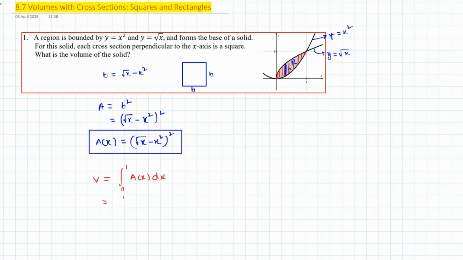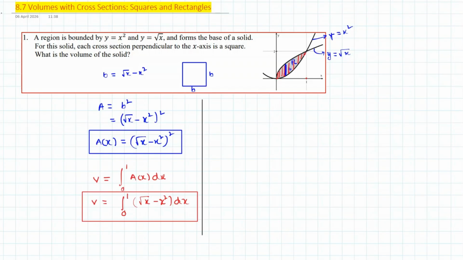That is the integral from 0 to 1 of square root of x minus x squared, whole squared, dx. So this is the volume integral. Now we can use our integration methods to evaluate this integral.